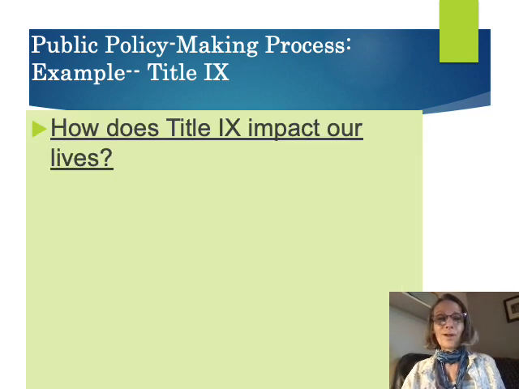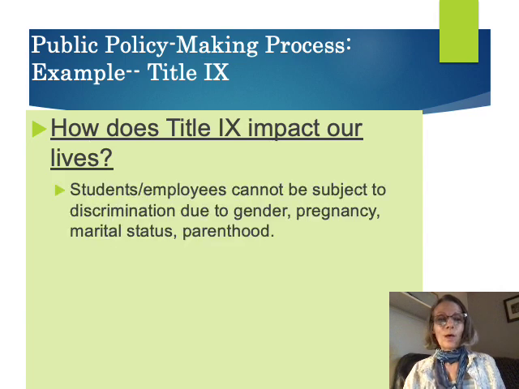So how does Title IX impact our lives? One way it impacts your life is if you are a student at a federally funded institution of education, or if you're an employee at an institution of education that receives federal funds. Students and employees cannot be subject to discrimination due to gender, pregnancy, marital status, or parenthood. So it prevents discrimination on the basis of sex in educational facilities.